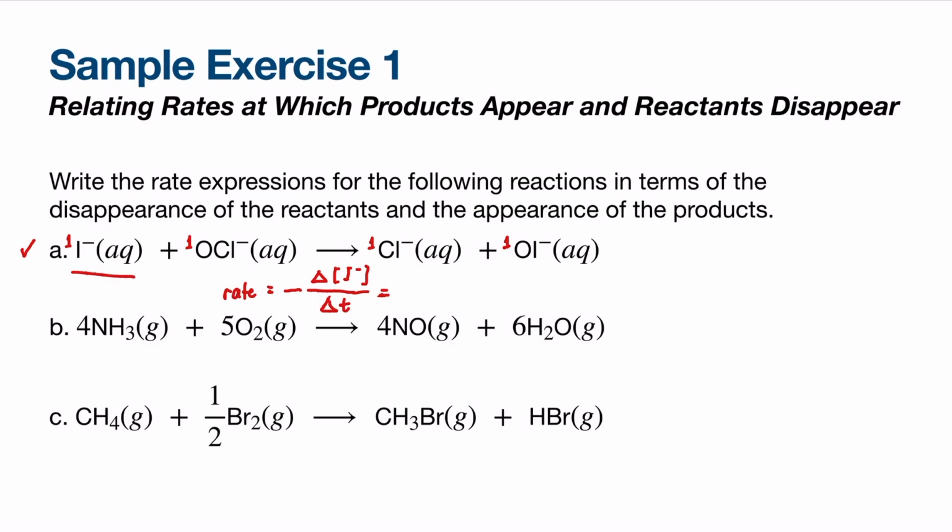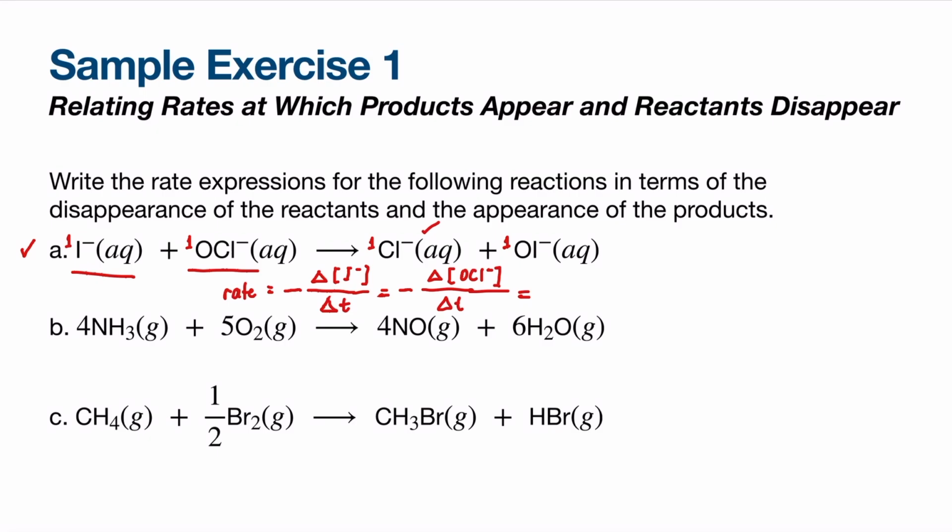And this is also equal to the reaction rate of this reactant. So negative change in the concentration of hypochlorite ion divided by the change in time. This is also equal to the reaction rate for this product, the chloride ion. And since it's a product, we do not need to use the minus sign anymore.